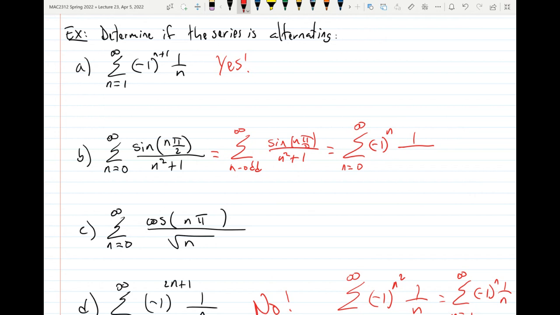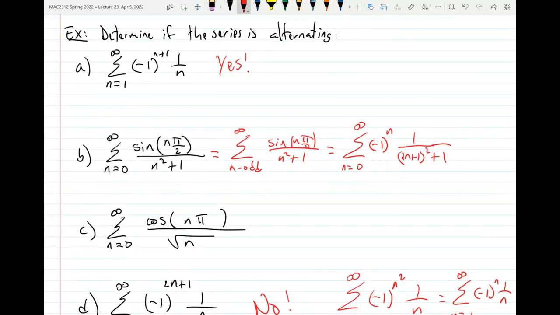Because when you write the terms, what is it that you're plugging in here? Odd numbers, right? So you first put a 1, then you put a 3, then you put a 5, and so on. So how do you write odd numbers when the counter is 0, 1, 2, 3, 4, 5, etc.? 2n plus 1. So that would be (2n plus 1) squared plus 1. So that series is the same as this series.